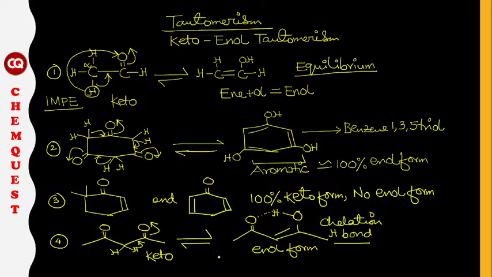Now we are going to discuss the most important topic, which is cis-trans isomerism or E-Z type of isomerism in geometrical isomerism. In this case, you have to study the carbon-carbon same plane.